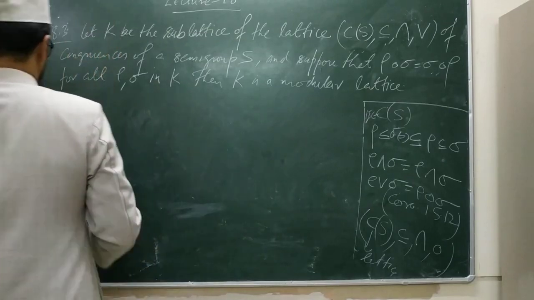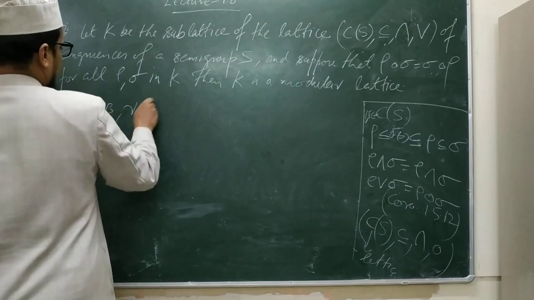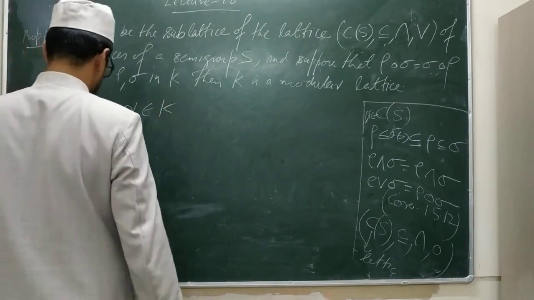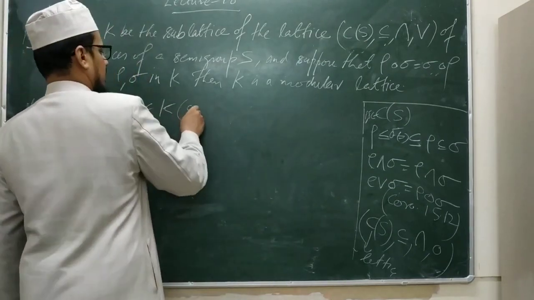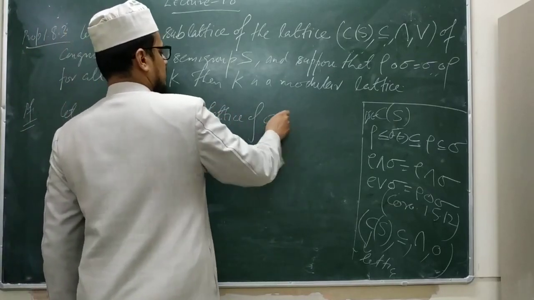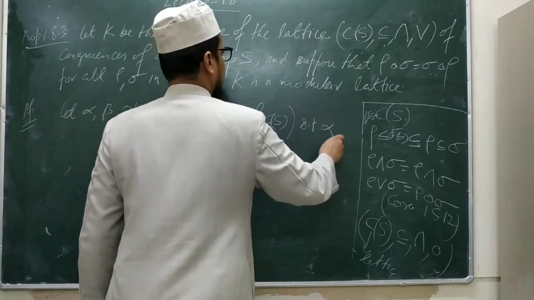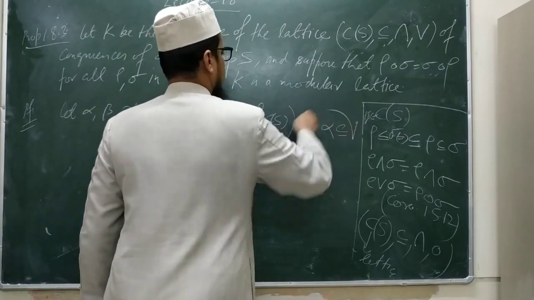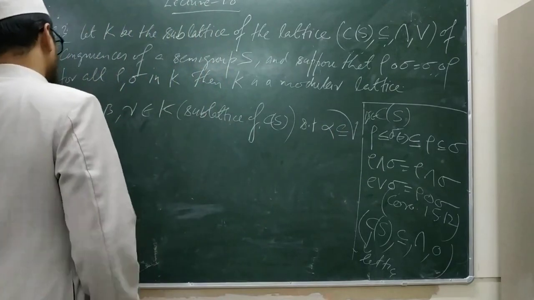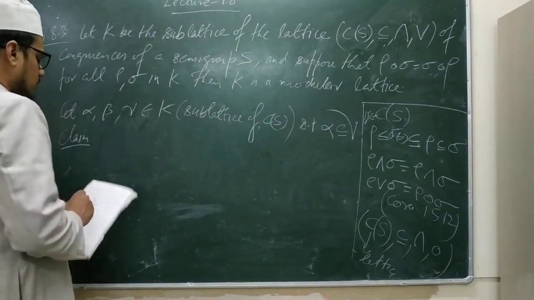Proof. Let alpha, beta, gamma belong to K, the sublattice of the lattice of congruences, such that alpha is contained in gamma, correct? Now what is our claim?